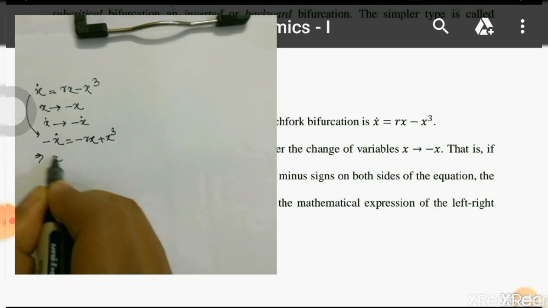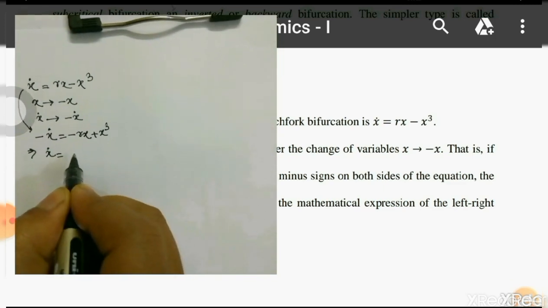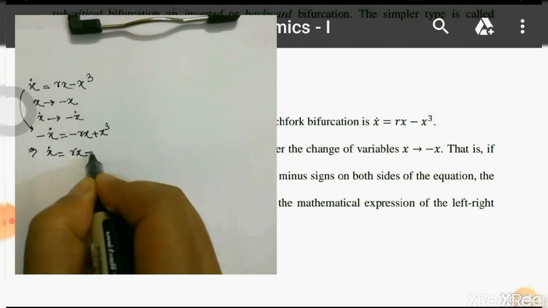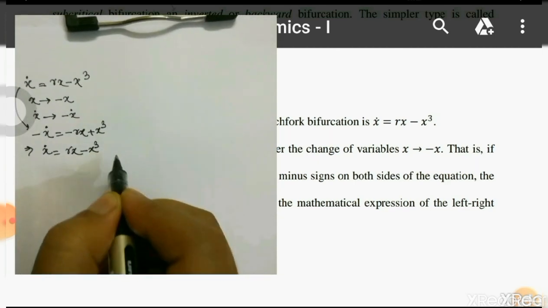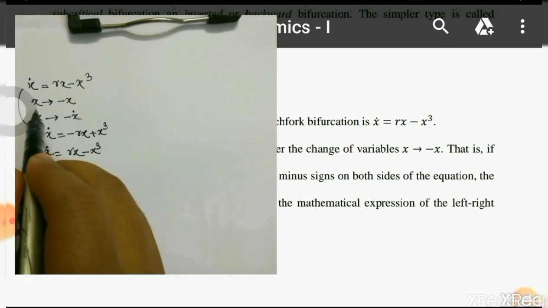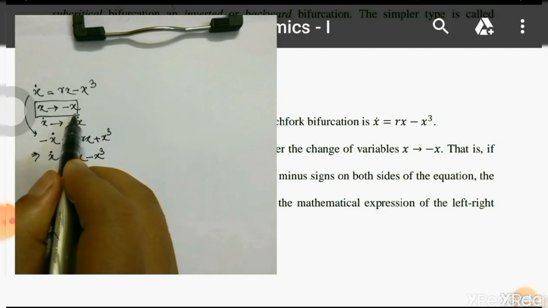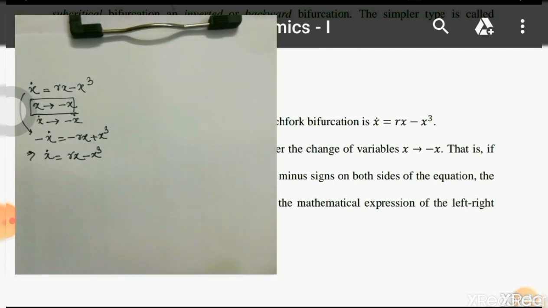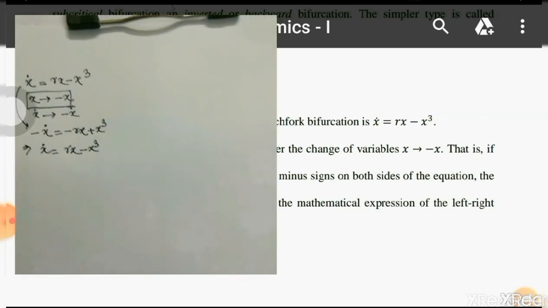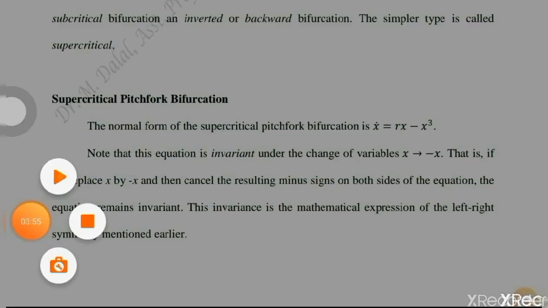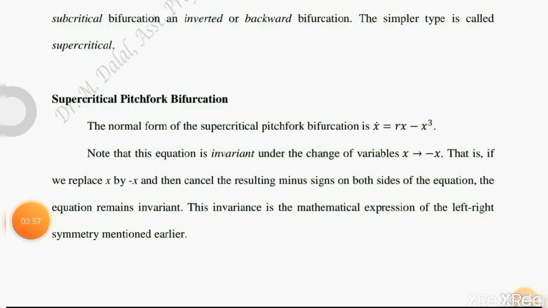So it will again be the same equation, x dot equals Rx minus x cube. So if we change x to minus x, then the equation remains invariant. So there exists a symmetry in the system. Here R is the control parameter.